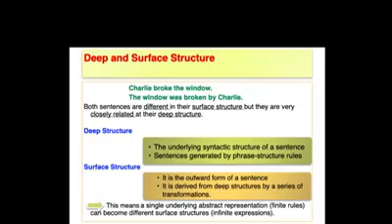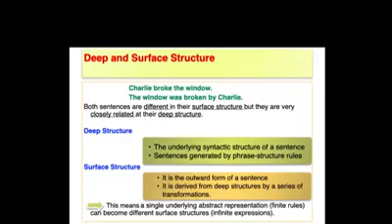So in order to distinguish between what we mean by deep structure and surface structure: the deep structure is the underlying syntactic structure of a sentence. It is the underlying syntactic structure of a sentence generated by phrase structure rules. The surface structure is the outward form of a sentence.